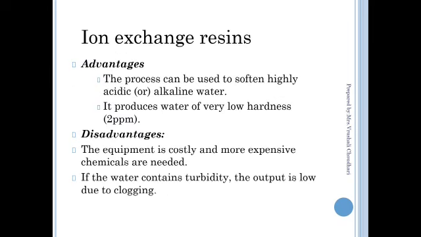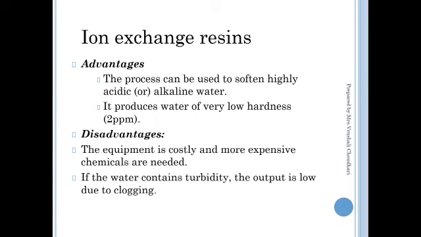This method is highly used for boiler water because it is used for making soft water from highly alkaline as well as acidic water. It produces water of very low hardness, about 2 ppm, 2 parts per million.